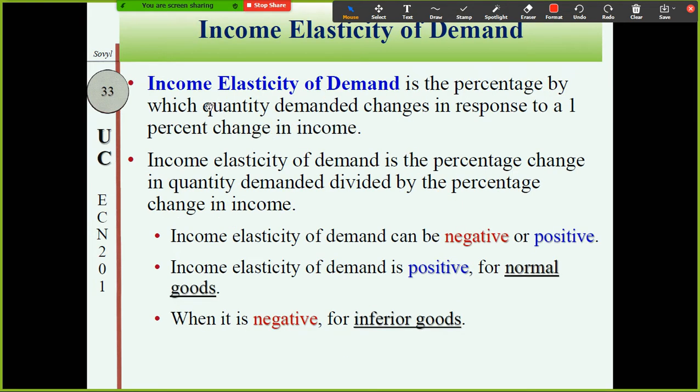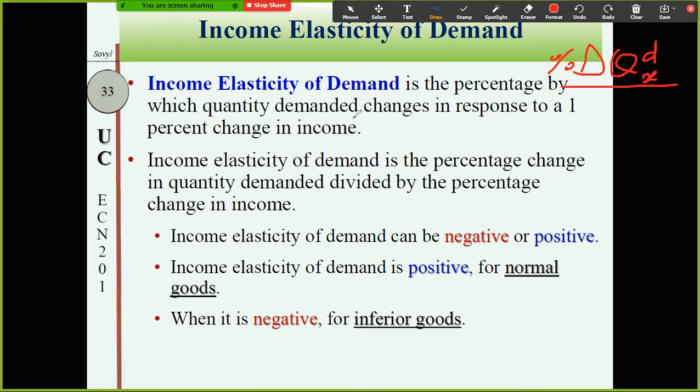However, we also have the other one. We call it income elasticity of demand. Income elasticity of demand is the percentage change in quantity demanded for good X, for example, in response to each 1% change in income.